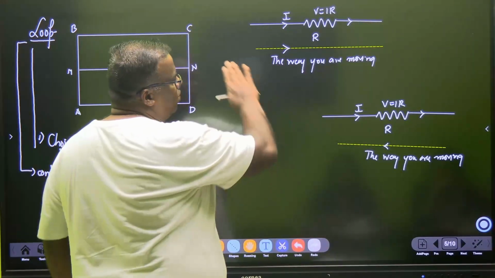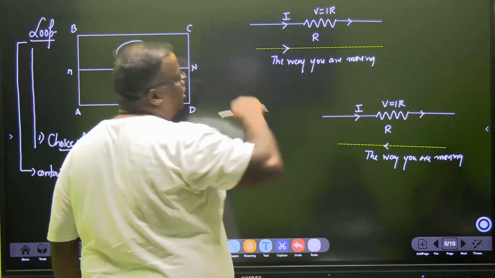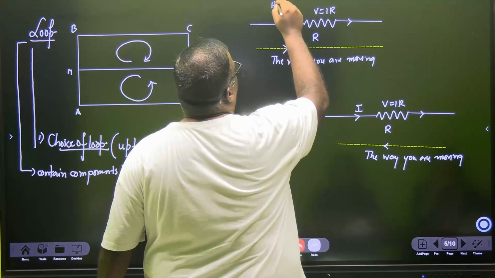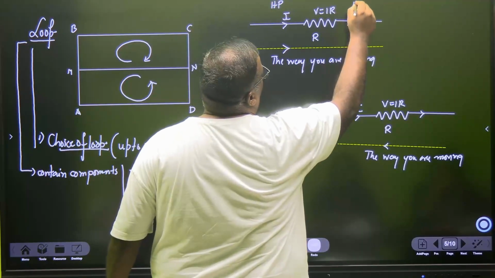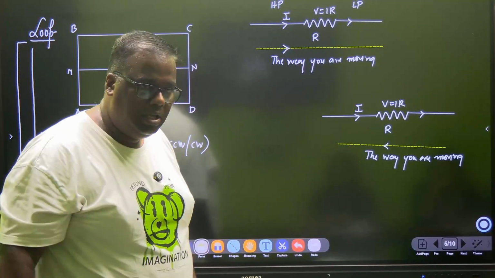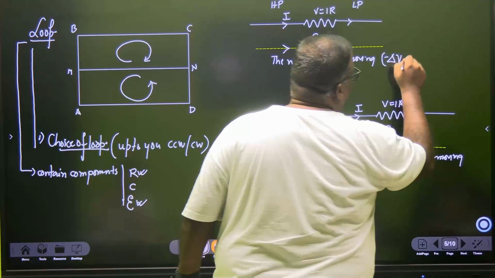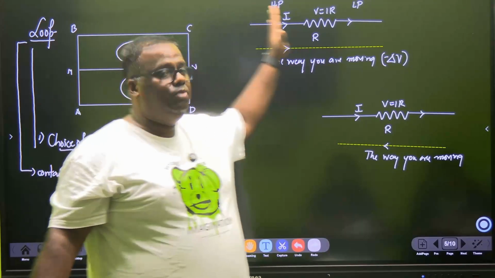So when you are moving along the direction of the current, you are actually moving from higher potential to lower potential. Do you agree? In this case, the delta V will be taken as negative because the delta V is reducing.